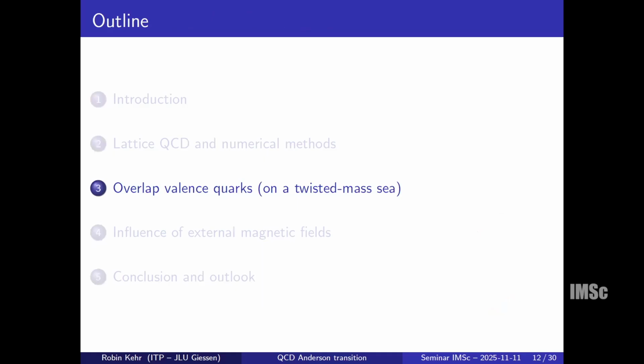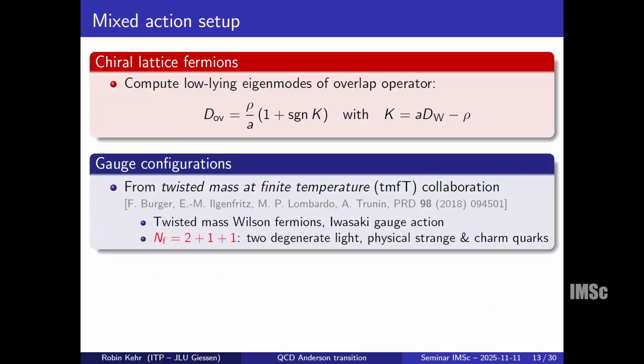So with that, if there are no questions so far, I go to our first setup now, with overlap valence quarks on a twisted mass sea. Here we compute the low-lying eigenmodes of the overlap operator with the Wilson kernel I just presented, and the gauge configurations we take from the twisted mass at finite temperature collaboration, which, as the name says, are generated with twisted mass Wilson fermions and the Iwasaki gauge action.